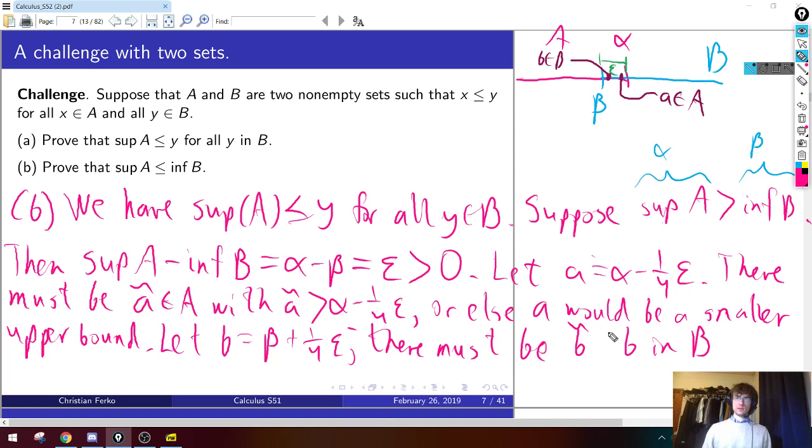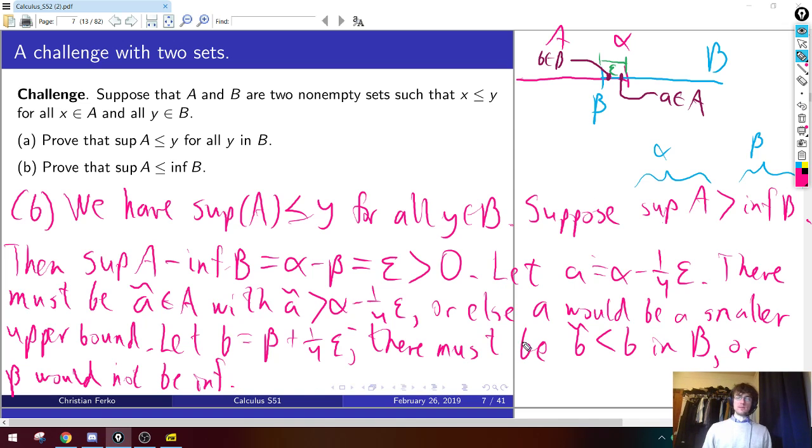Yeah, good. There must be something smaller, or else it would be a greater lower bound than the greatest lower bound. Infimum is the greatest lower bound, right? Supremum is the least upper bound, right? Yeah. Beta would not be the infimum.